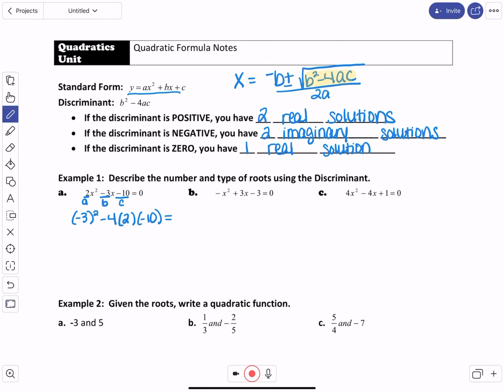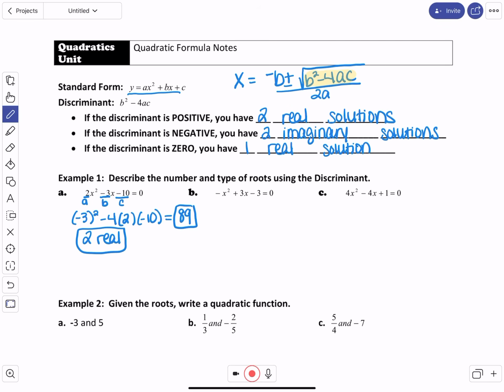And you plug that in. So like I said, use parentheses when you are squaring a negative number. If you don't use parentheses, it will not give you the right thing. And you can just type that in your calculator, and you should get 89. So 89 is the discriminant.